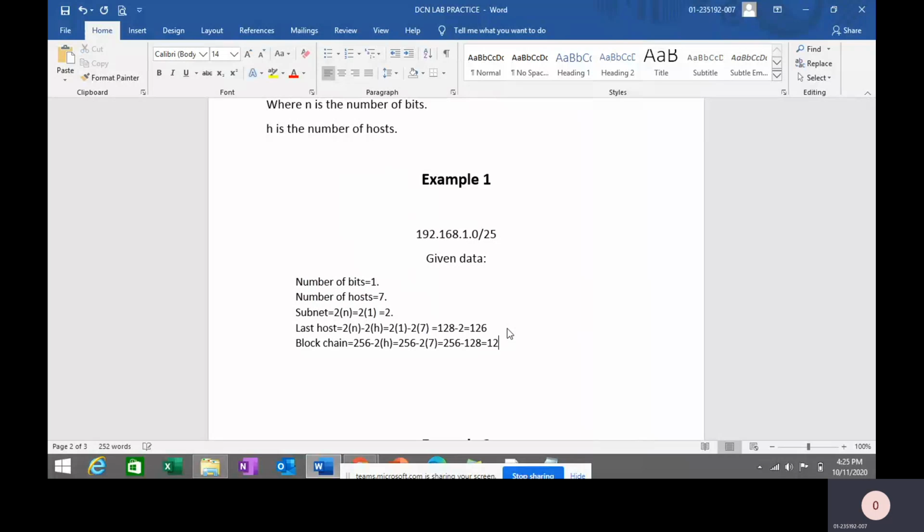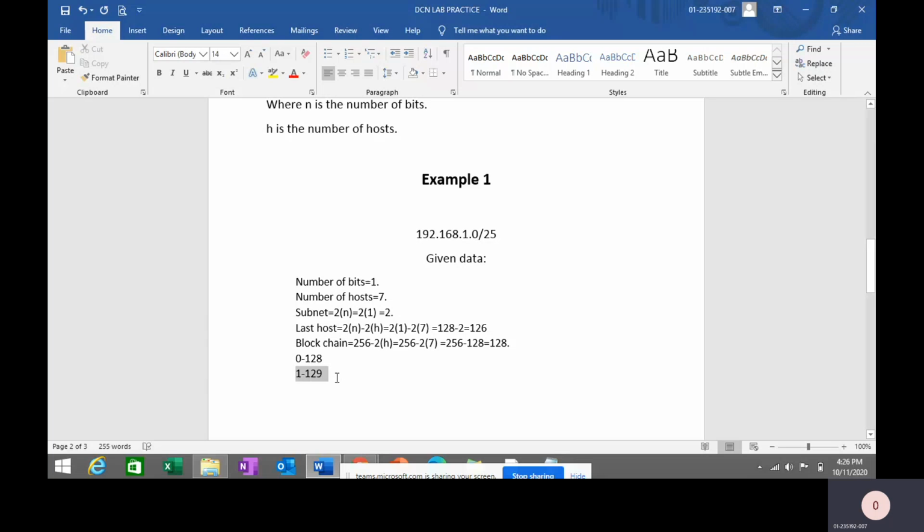That will give us 128. So we have the range of the IP address starting from 0 to 128, and we will have the hosts from 1 to 129.